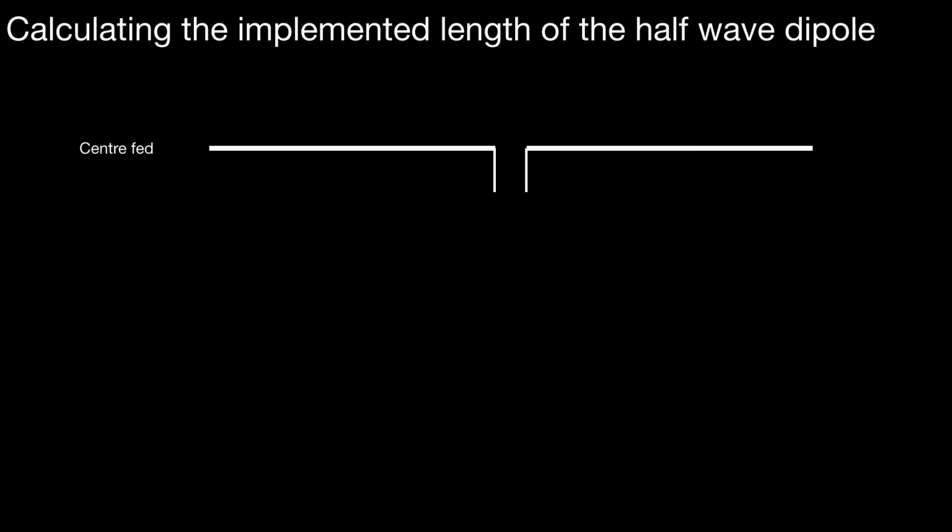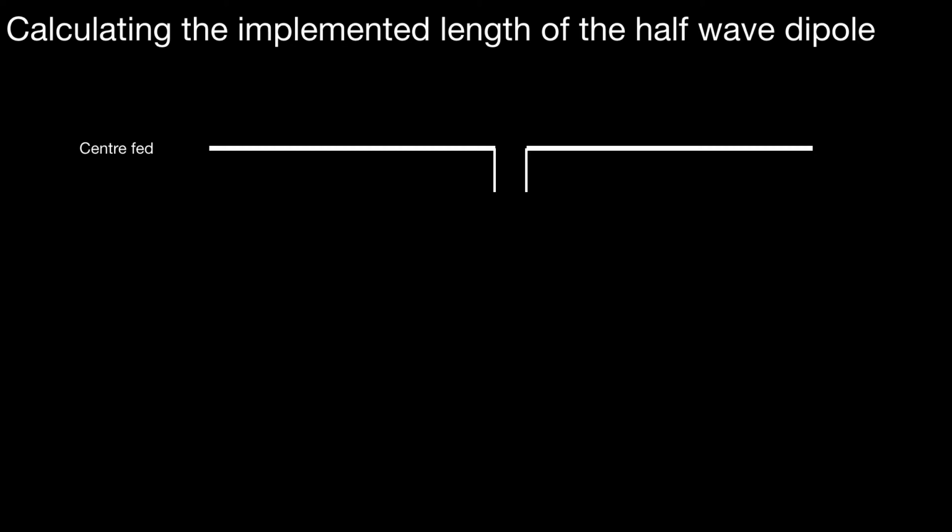But we've also seen, looking through the video on feeders, that electromagnetic waves in conductors travel much slower, and we call this the velocity factor. Also, at the end of an antenna, there is a capacitive effect.